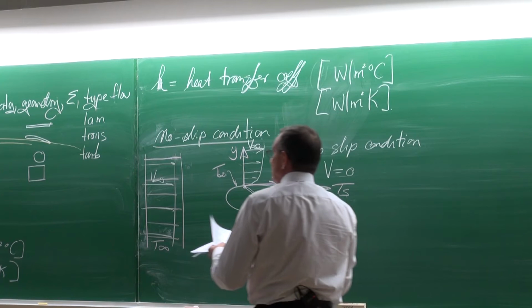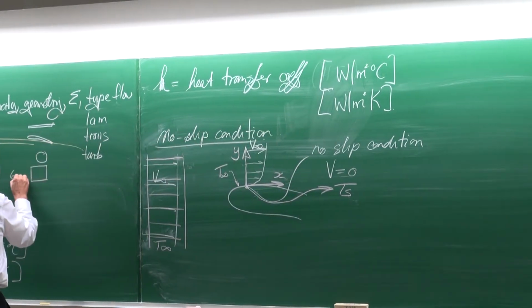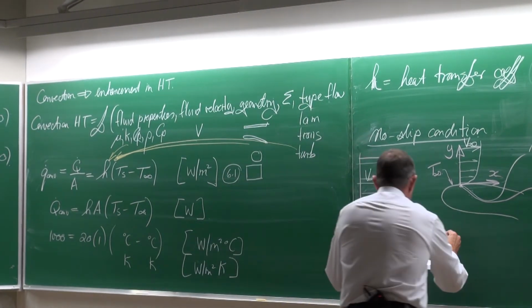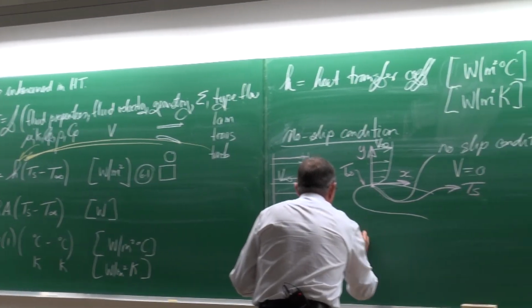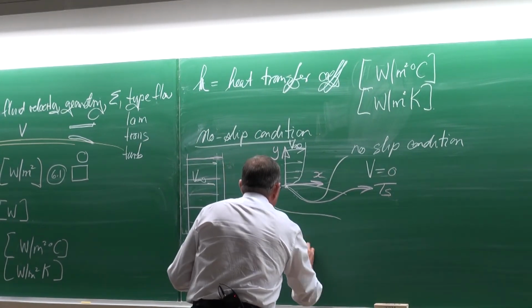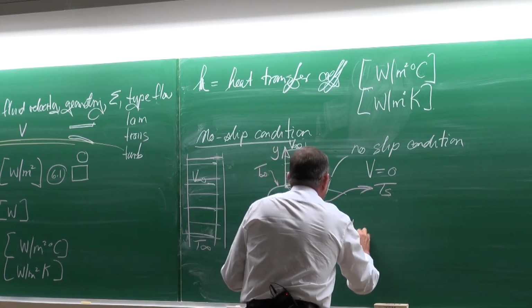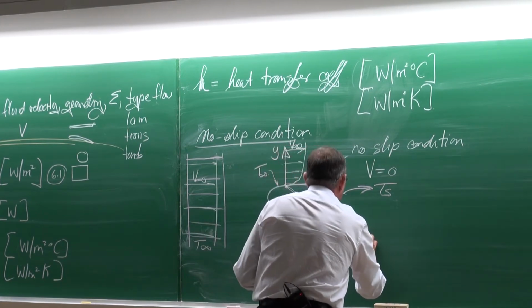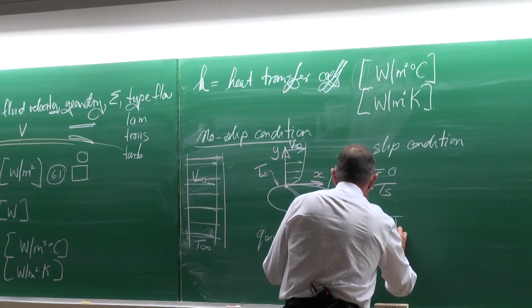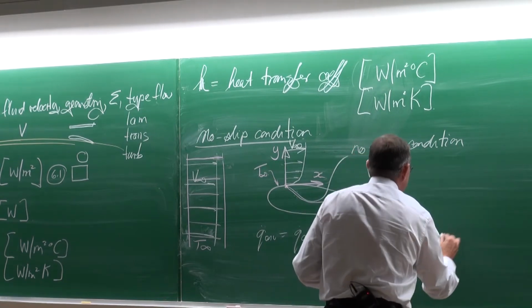Right, now for that reason, if we go back to this equation, and that is equation 6.1 in your textbook, then we can actually write that the convection heat transfer rate is equal to the conduction heat transfer rate, which is equal to minus K of the fluid, partial dT/dy, where y is equal to 0.